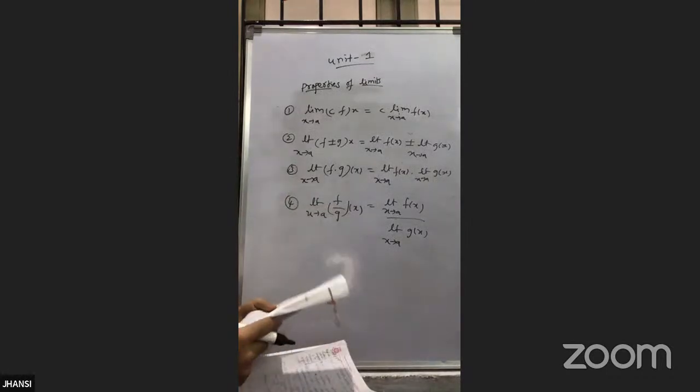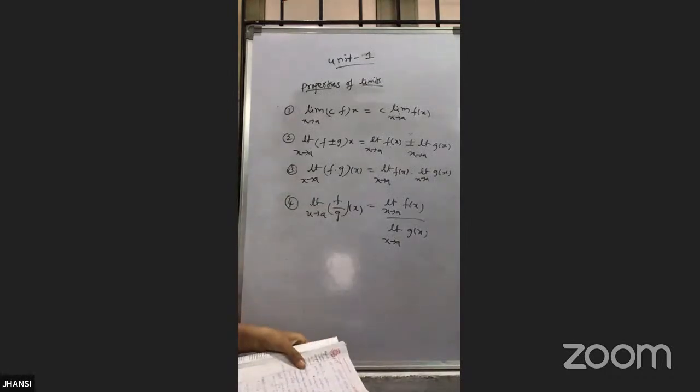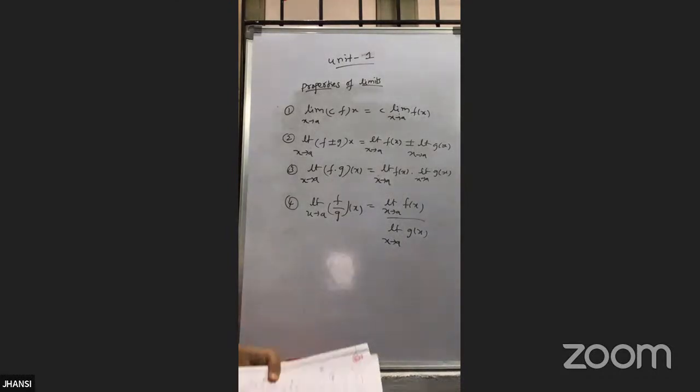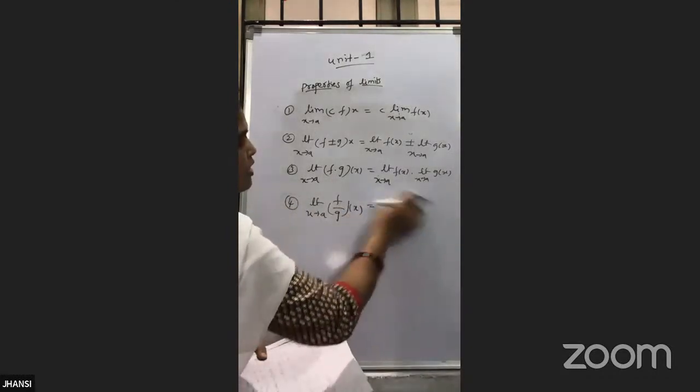So first one is: show that the limit x tends to 0 of mod x by x does not exist. In the problem itself, it is given that the limit does not exist, which means the RHL and LHL values are not equal.